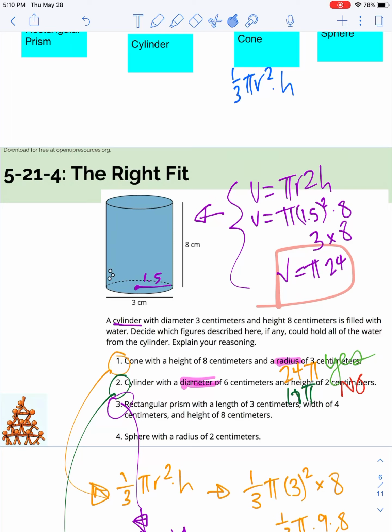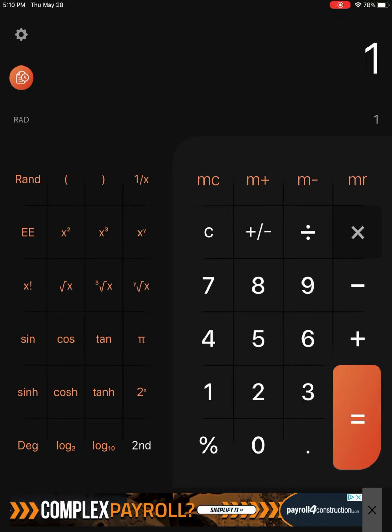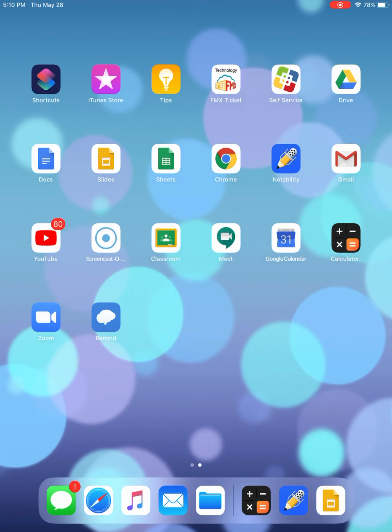What did we do? We did r squared, 1.5 squared times 8. 1.5 times 1.5. Oh, well, there was the problem.